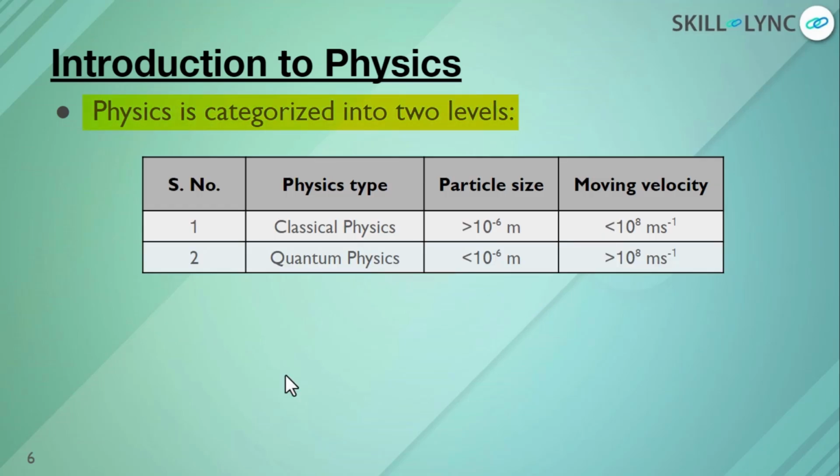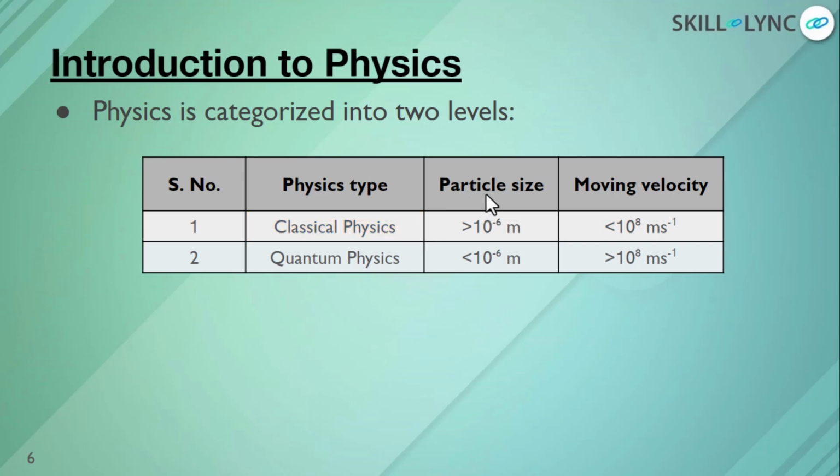Physics is basically categorized into two levels. This has been done based on particle size and moving velocity. The categories are named classical physics and quantum physics. If the particle size is more than 10⁻⁶ meters and the moving velocity of the particle is less than 10⁸ meters per second, then it comes under the classical physics category.